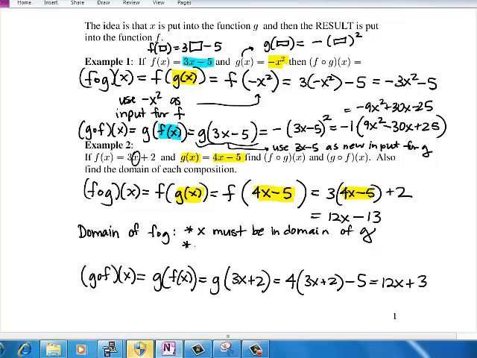And then additionally, x must be in the domain of the formula for the composition. In this case, that was 12x minus 13.